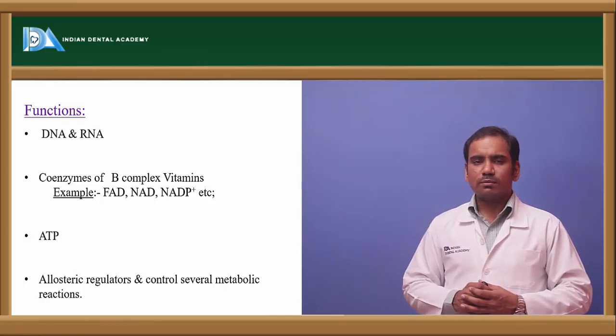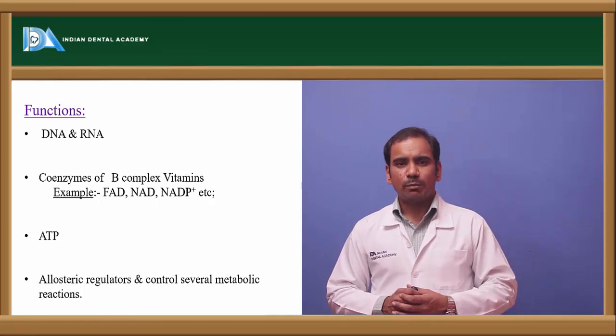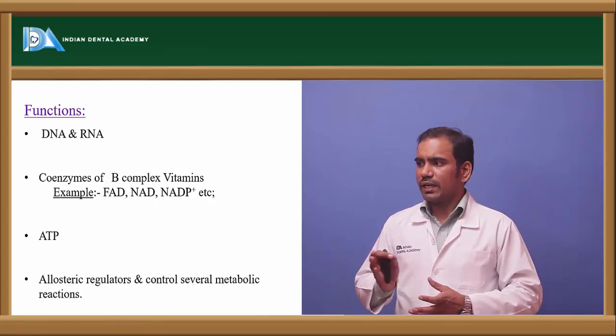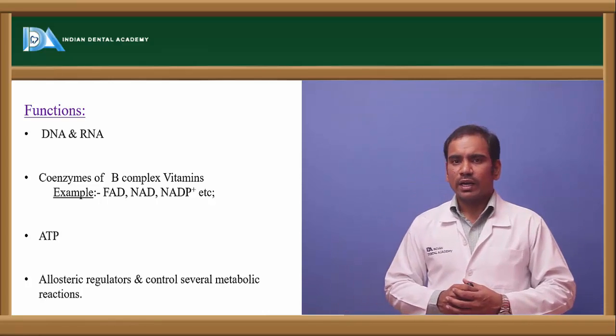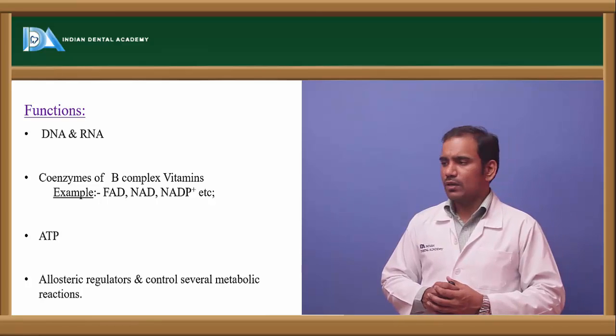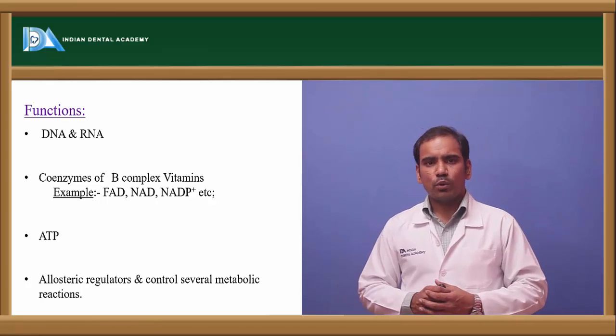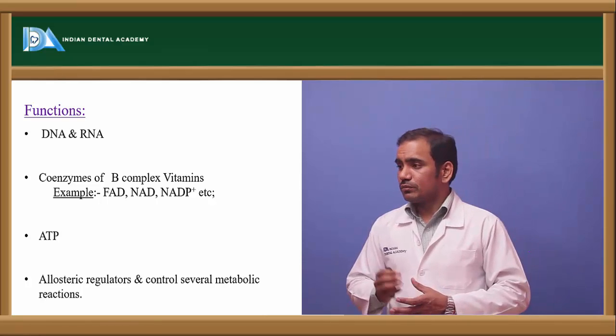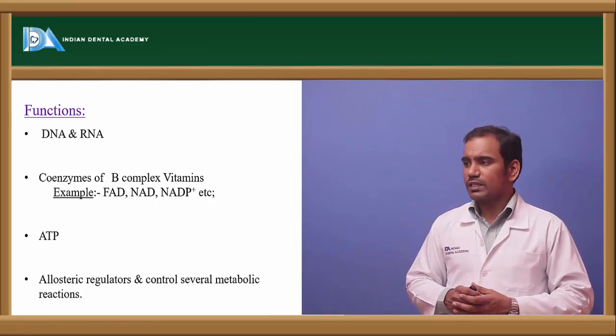The other important nucleotide is ATP, the energy currency of the cell. ATP is also a nucleotide, adenosine triphosphate. It has adenine, ribose and three phosphates esterified to the ribose molecule, so it is called adenosine triphosphate.